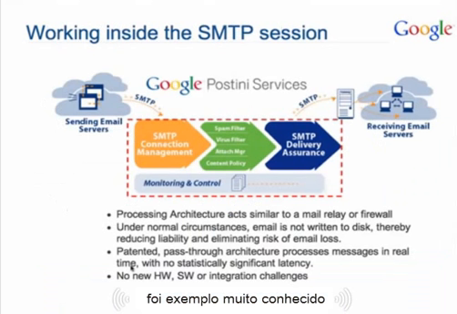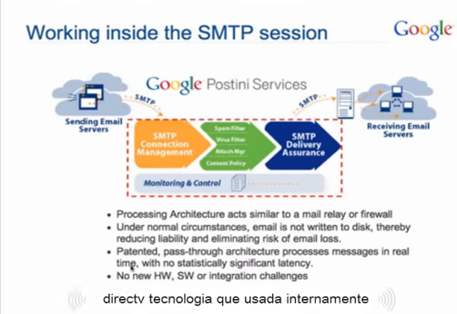One very well-known example was a company called Postini. Postini was acquired by Google in 2007, in part because of some of the very innovative technology that it used internally.